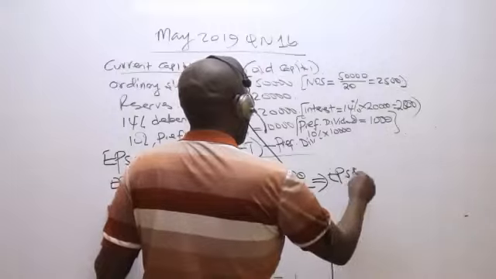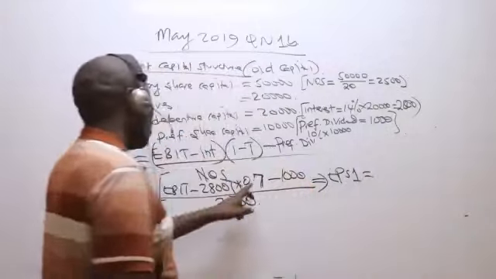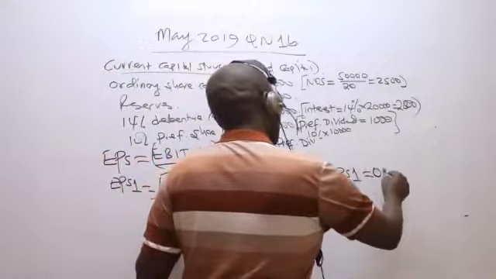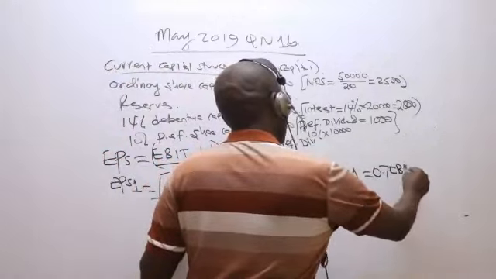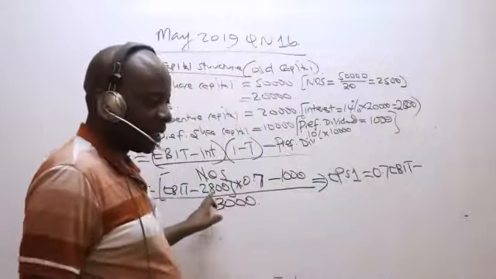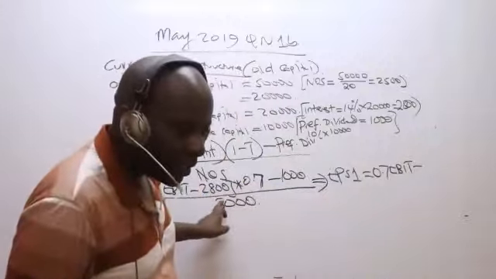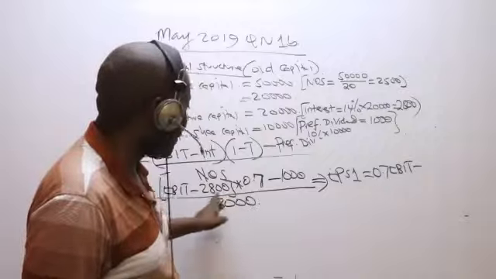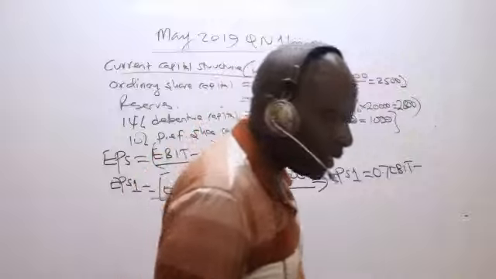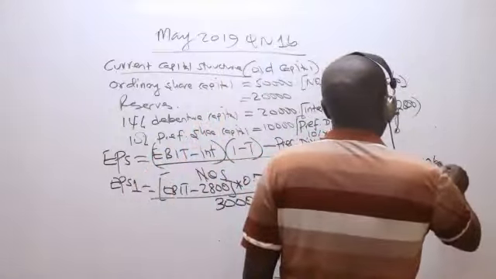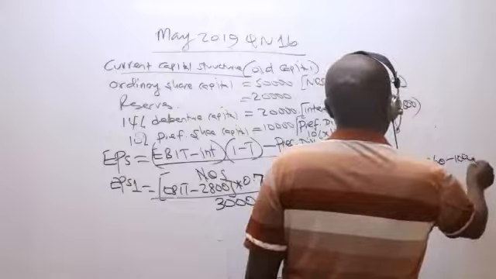Our EPS for option number 1 will be equal to this 0.7 multiplied by this. So this gives me 0.7 EBIT minus, how about this times this? This times this gives me how much? 1960. The year I was born. 1960 minus 1,000 remains.